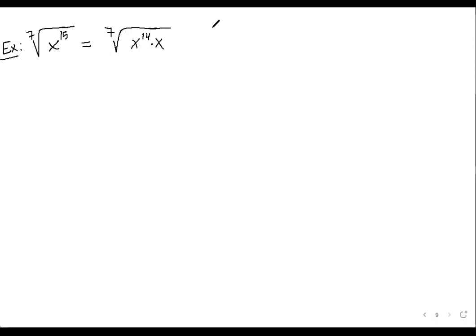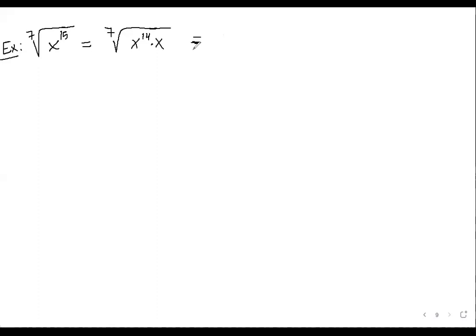It will be x squared times the seventh root of x. x to the 14 equals x squared to the 7, times x. Good idea. Yes, so x squared to the 7 times x. Or it will be also... how do you think? It's not the same? I was just giving the answer.